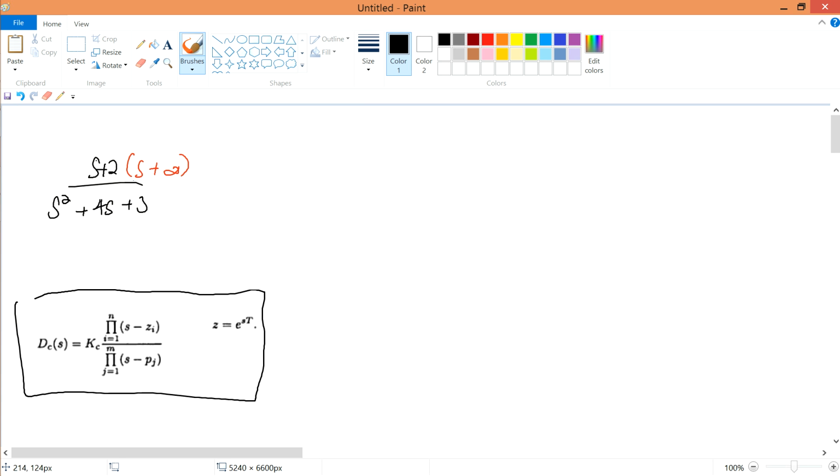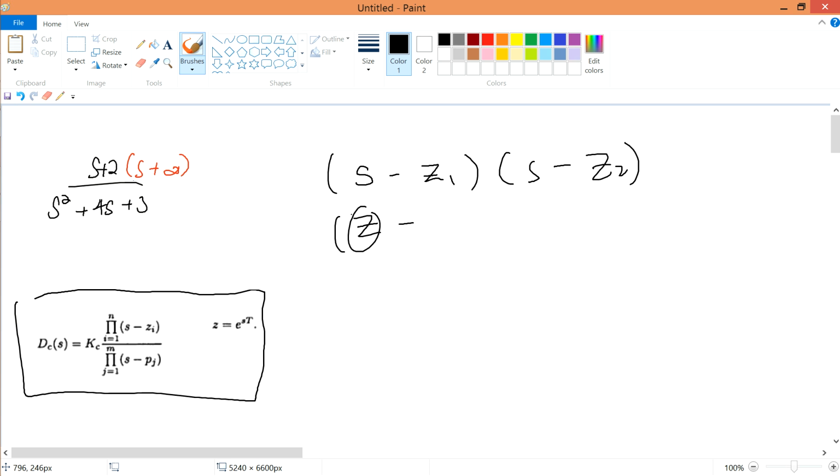So for example, you have s plus 2. I'll just write it as s minus z1, in other words I have only one zero. This is the first zero. And then over here I'll write s minus z2. Later on I'll change this s to z.